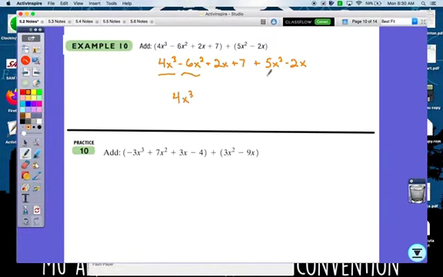I've got negative 6x squared plus 5x squared. So negative 6 plus 5 gives me a negative 1, or negative x squared. I've got 2x minus 2x. So those actually, 2 minus 2 goes away. Those cancel together to 0. And then I've got the plus 7. Okay? That's how those work.